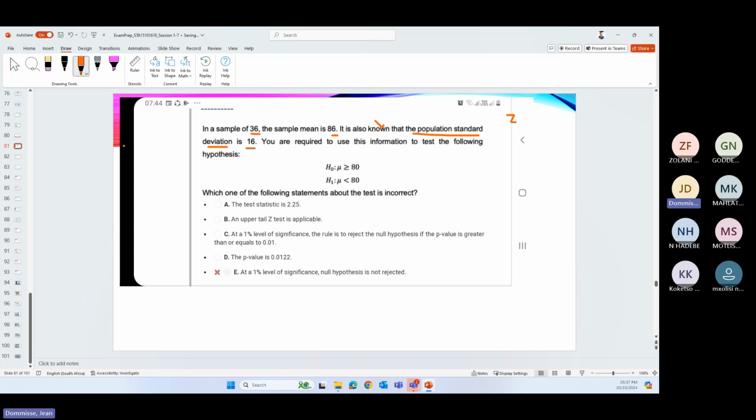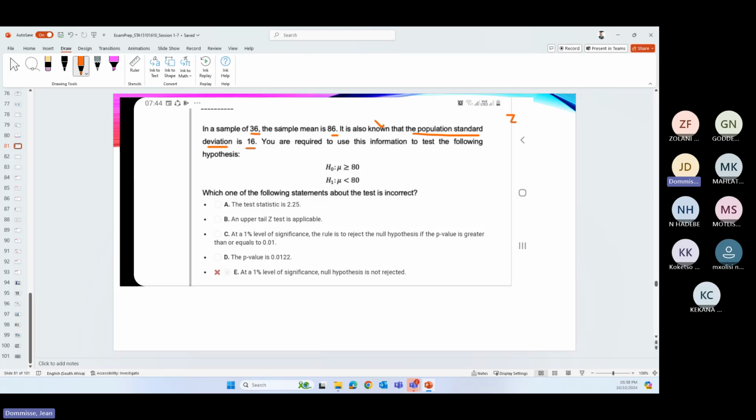When I look at hypothesis testing, there are a few things that are always important for me. The first thing is, here we know it's about the sample mean, but I want to check, is the population standard deviation known or unknown, so that I can work with a Z. So that's the first step I will look at.